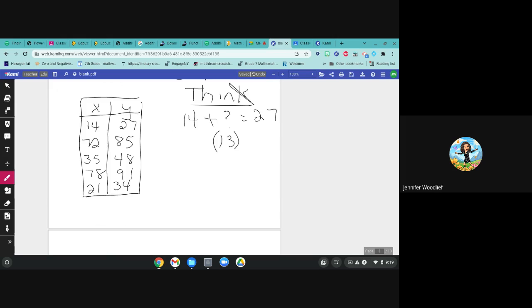Okay. So now I want to see if that's going to hold true for every one of these. What's 72 plus 13? 85. That's what the chart told me I should have had, so I'm good so far. What about 35 plus 13? 48. 78 plus 13?